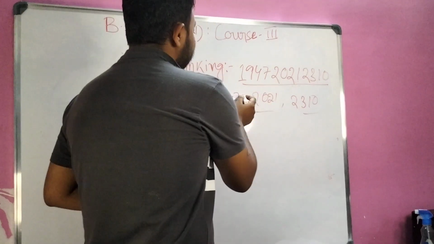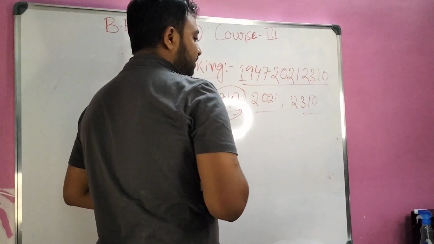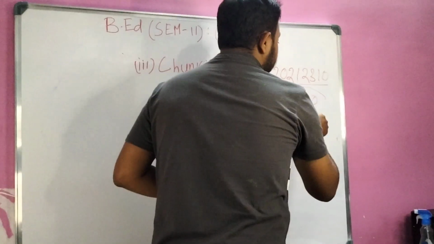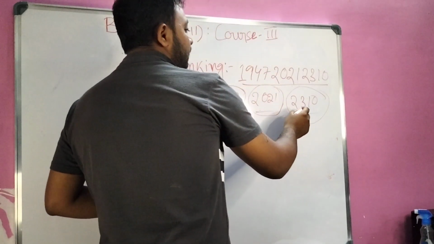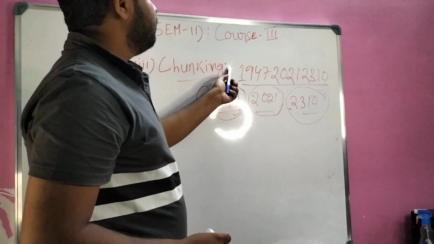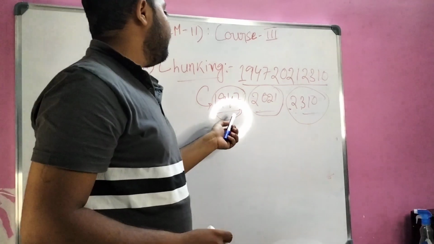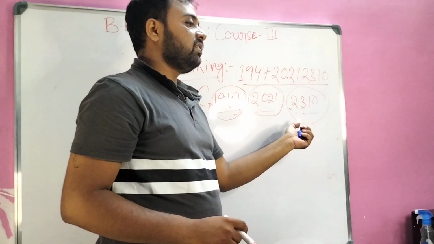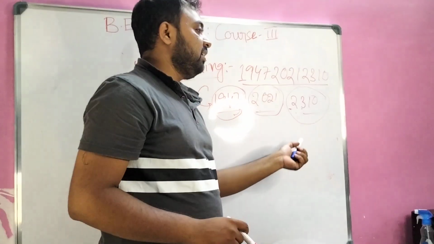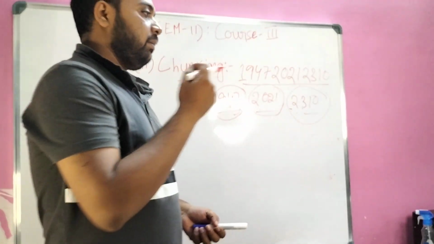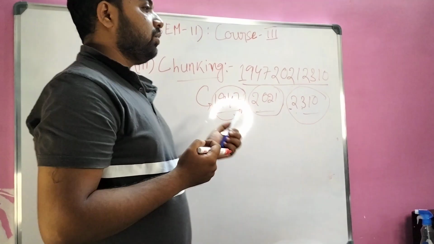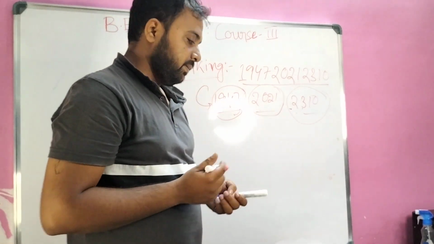Now see that 1947 is a separate part, 2021 is a separate part, and 2310 is a separate part. This whole number is divided into three chunks. By this process, we remember any kind of number or word or letter, which is called the chunking method.